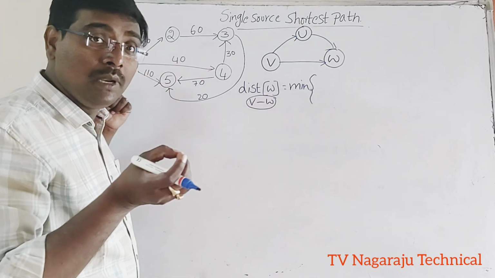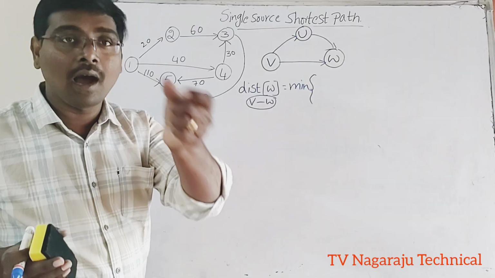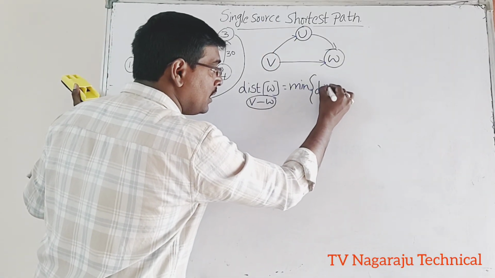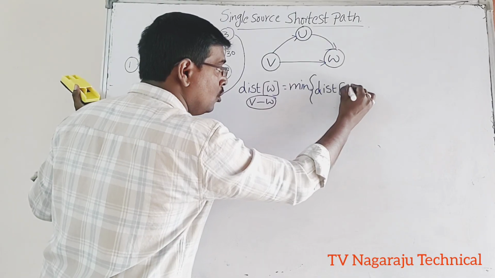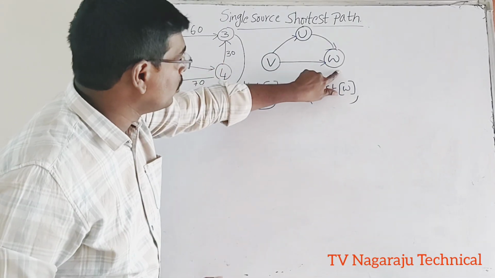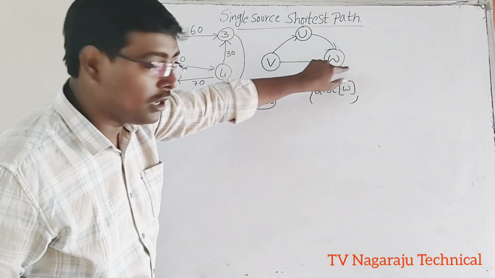Why are we using minimum? You can have either a direct path or a path through an intermediate. So what is the direct path? DIST of W, or V to U and U to W.